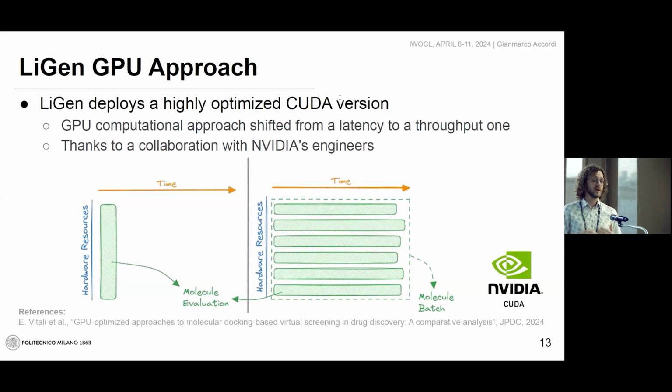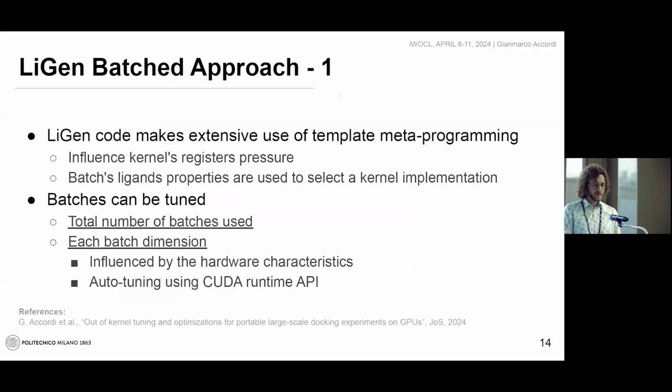This approach is efficient only if you are able to reach full speed, so you are screening a lot of these compounds, and also if you are able to efficiently use the rarest resource, which in our case for the kernel is the number of registers deployed for each streaming multiprocessor. To do that, we use a lot of template metaprogramming.